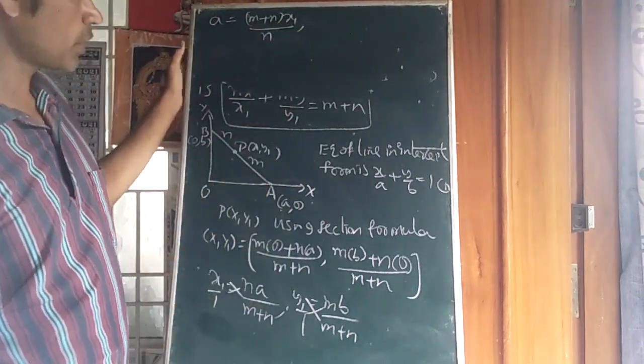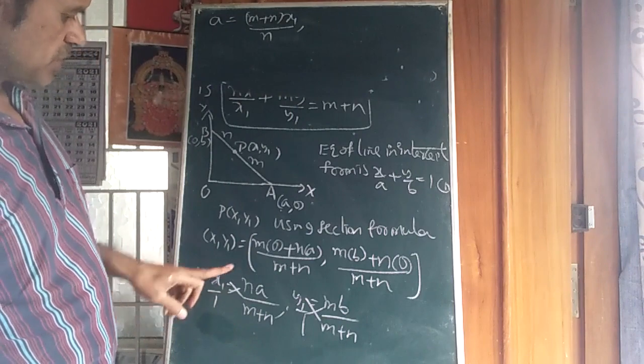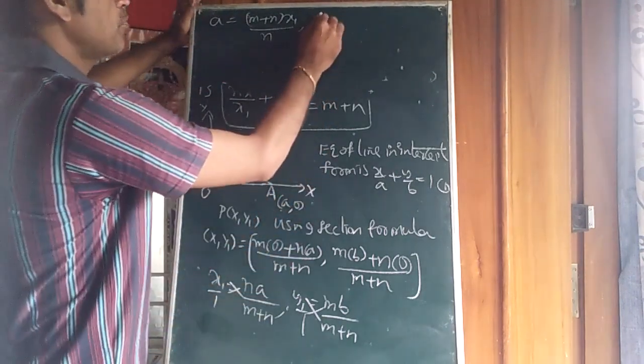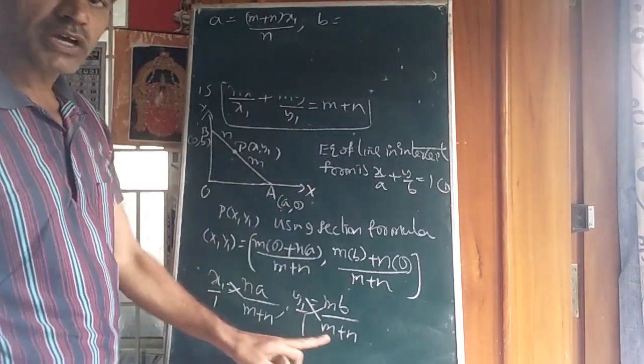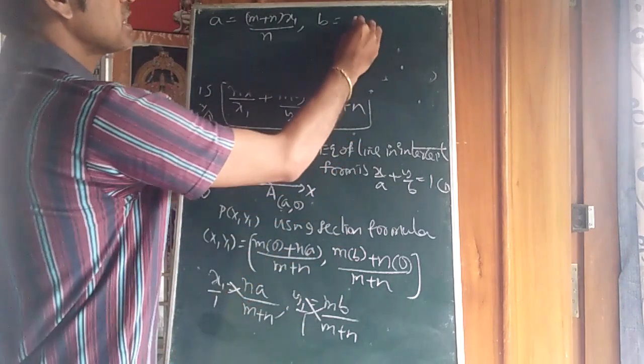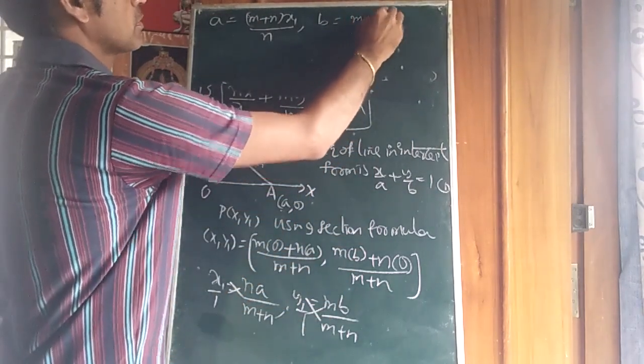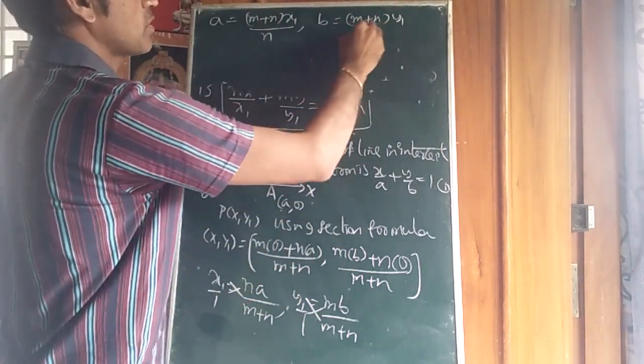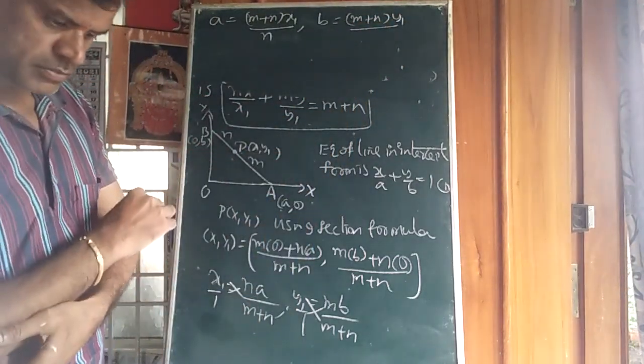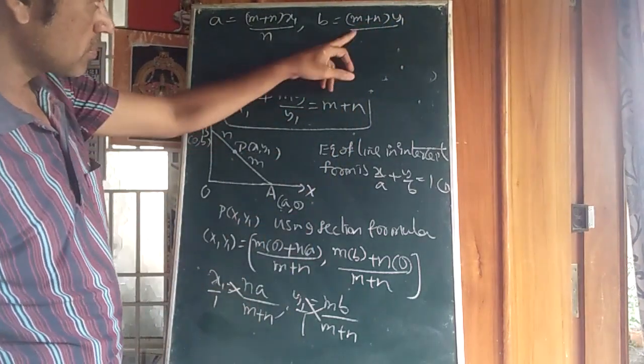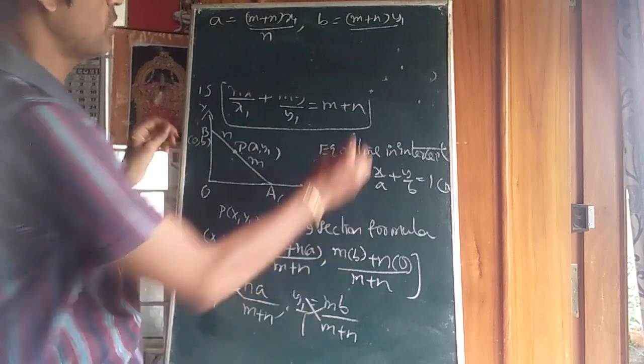Better to do it this way, m plus n into x1 by n, and comma b is equal to, take cross multiplication, m plus n into y1 by n, because x1 y1 is a given point.